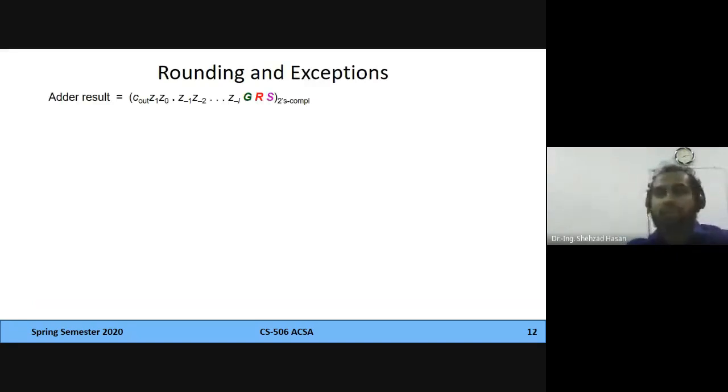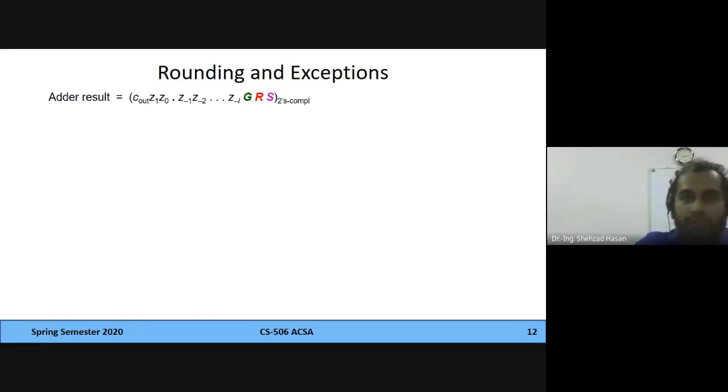Right, so the last topic over here in this scheme is how many bits we actually need to preserve our number precision while doing addition. So the answer is we just need 3 extra bits in the adder, and if we have these 3 bits, our result is preserved.